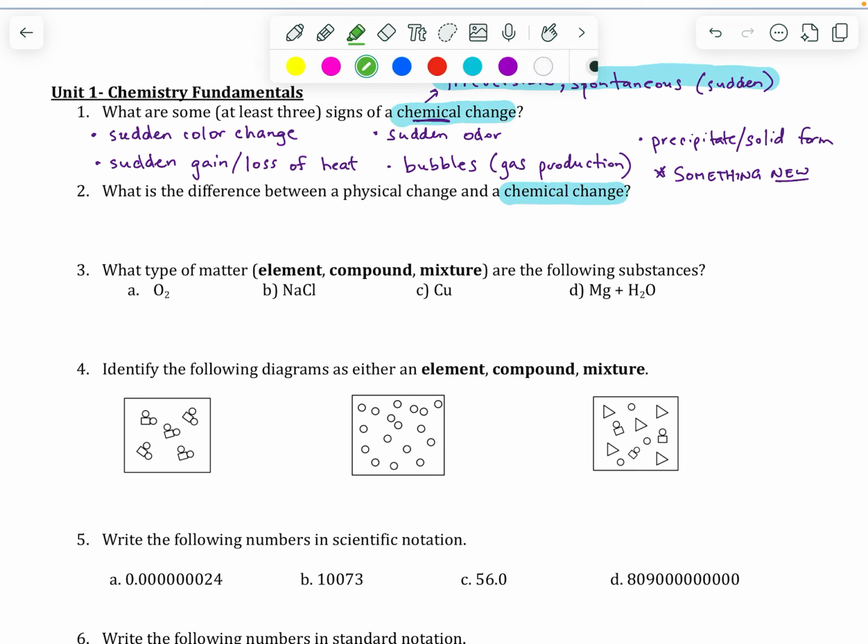then we could say that a physical change leads us to have something that is reversible, with no new chemical composition. Again, that's the identity.